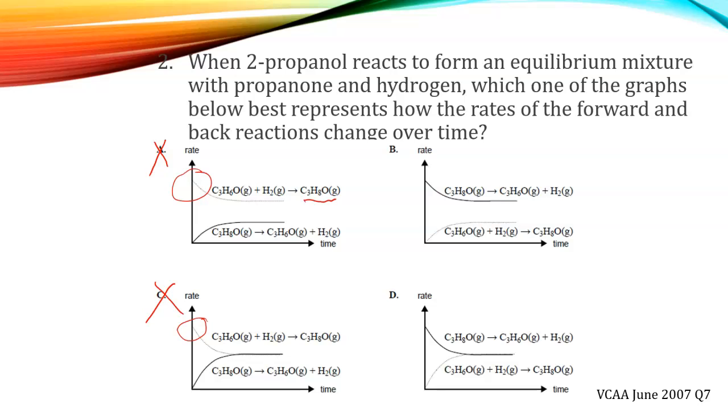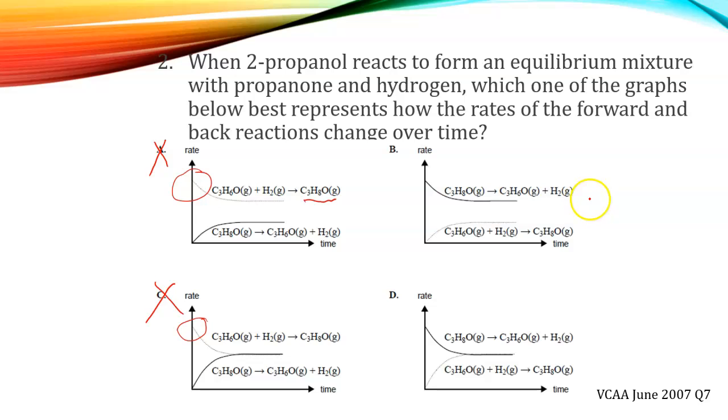So now we're deciding, as always, we've got down to a choice of 2, B or D. And so you've got C3H8O, which is our propan-2-ol, turning into our propanone and hydrogen.